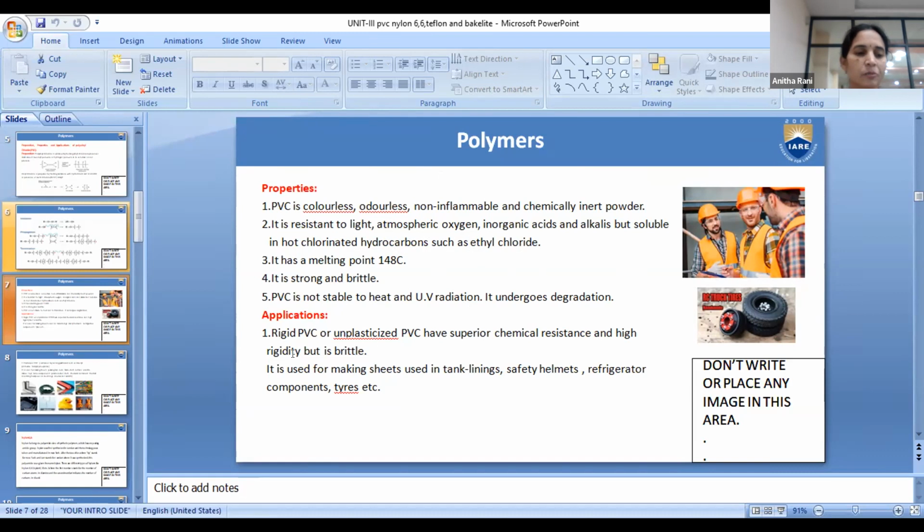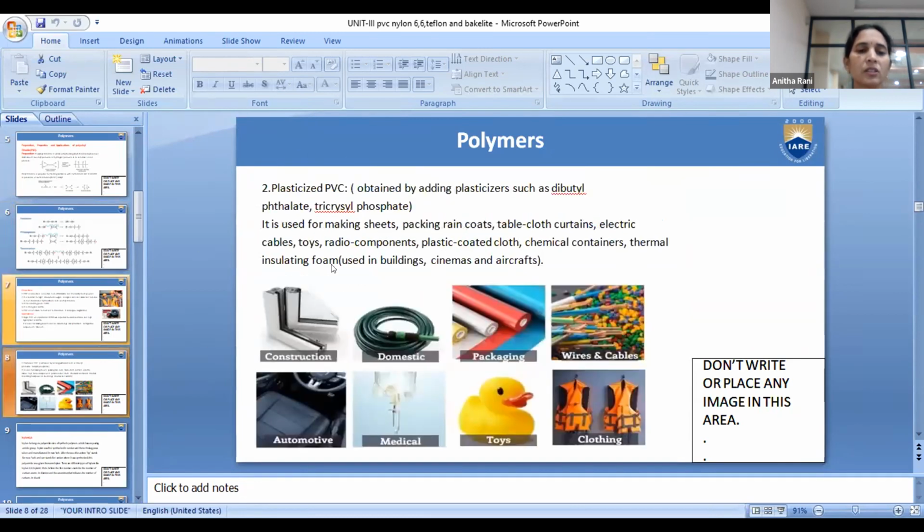And the applications: we use rigid PVC, or unplasticized PVC, and the other type is plasticized PVC, where we use plasticizers in polyvinyl chloride.